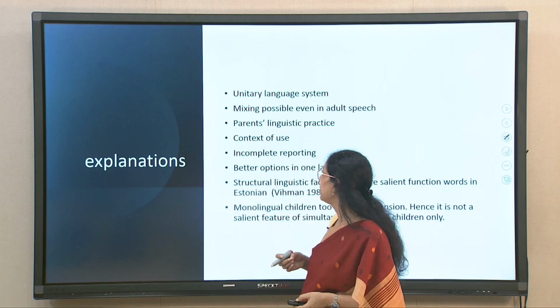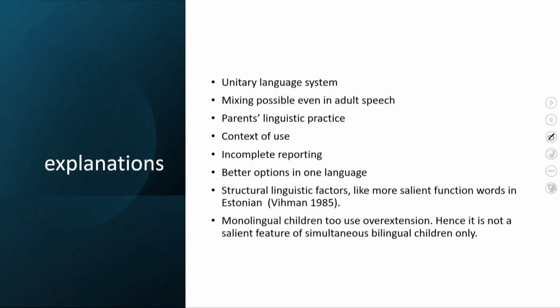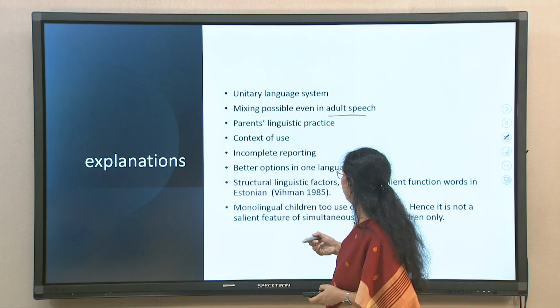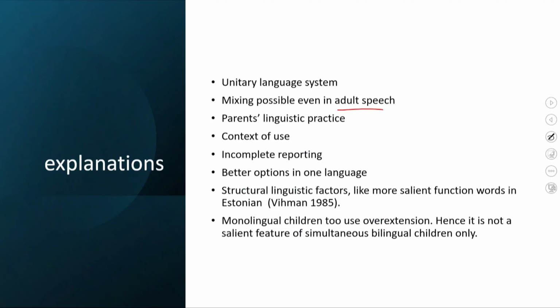I have listed some of them here. Unitary language system of course is one of the oldest, and then there are many others, like mixing is possible even in adult speech. It is quite possible that adults who are bilingual themselves, or who are in a bilingual environment, might themselves mix. So, it is not that the child is doing it on her own, she might simply be inspired.